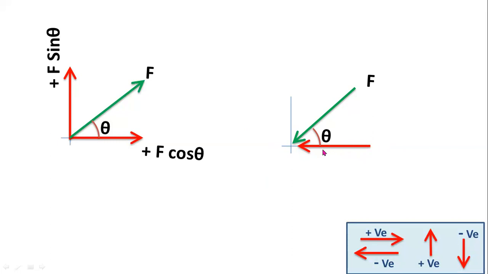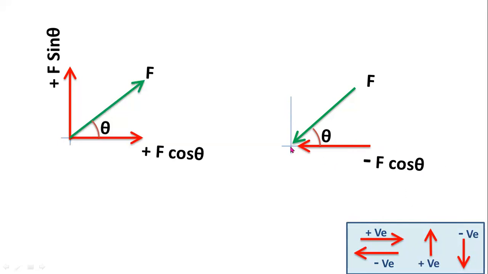The value of this horizontal force is equal to force into cos theta, because this force is adjacent to the angle, so you have to consider cos theta, and this force is acting towards left, so you have to consider negative sign from these sign conventions. If a force is acting towards left, then you have to consider negative sign. This is the magnitude of horizontal force.